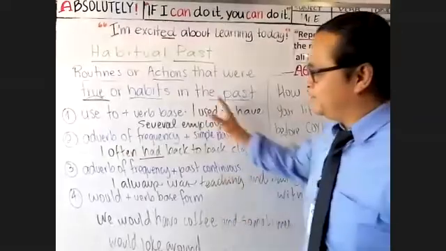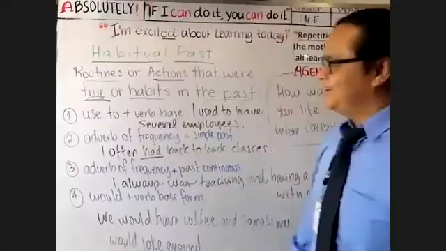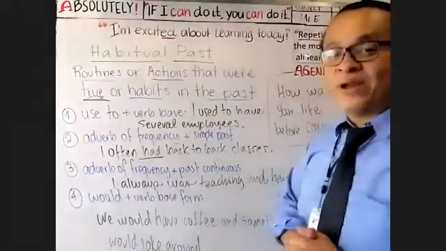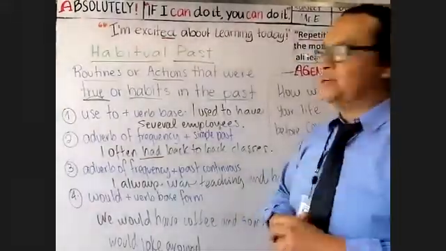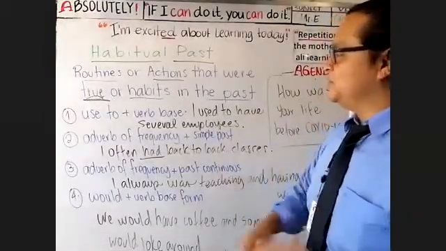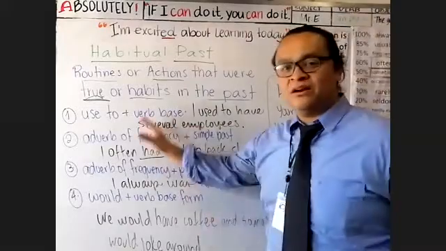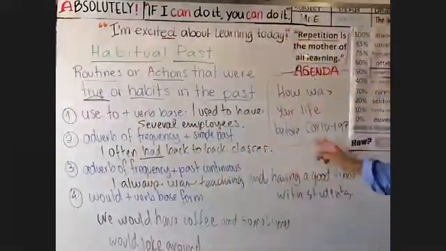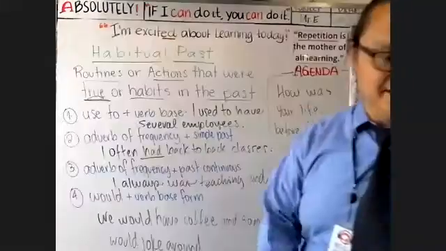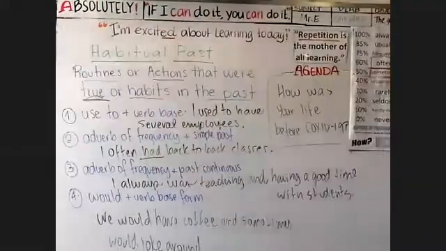But all of these are your weapons. And in order to win the game, you have to use all your weapons correctly. Right now, you guys are going to practice speaking about the habitual past using your arsenal of past tense weapons. And you're going to answer this question: how was your life before COVID-19? So let's go ahead and practice.